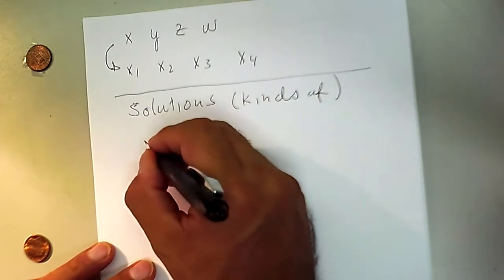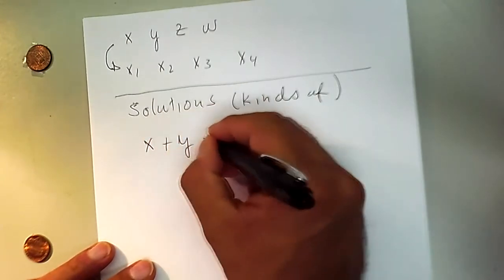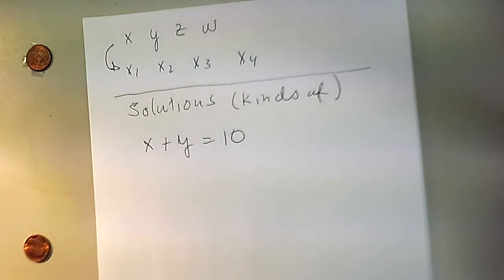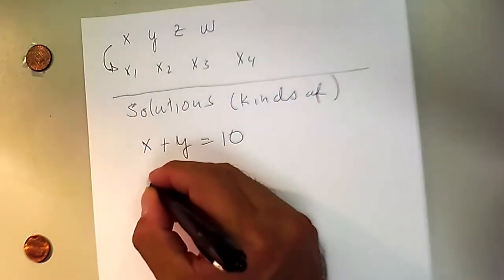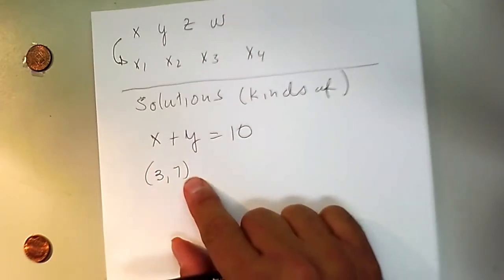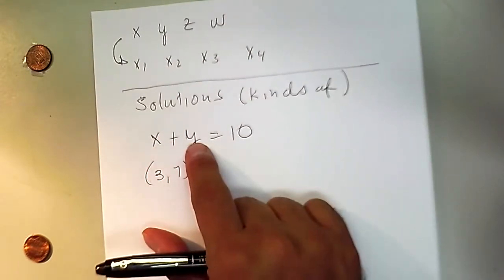Let's say you have x plus y equals 10. So one solution to this equation will be, say, 3, 7. 3, 7 is one solution. 3 for x, 7 for y.